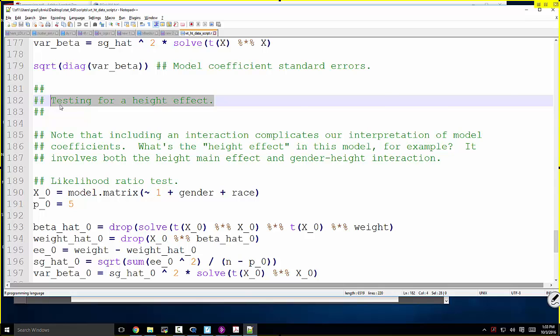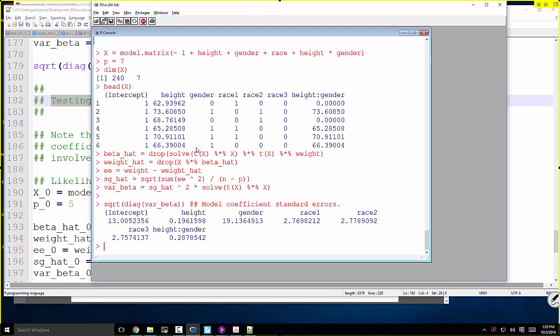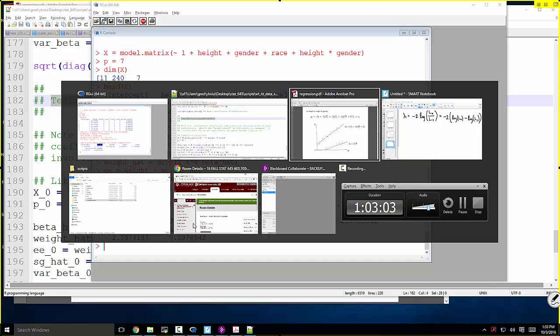One thing we might consider doing is testing whether the coefficient for height is equal to 0. Let me write this down over here.